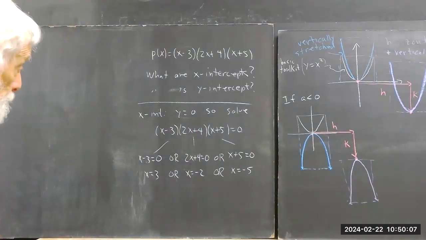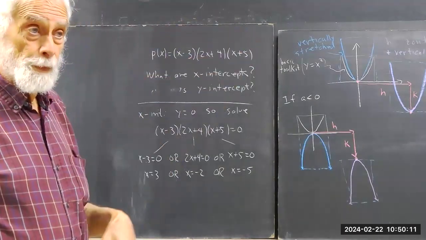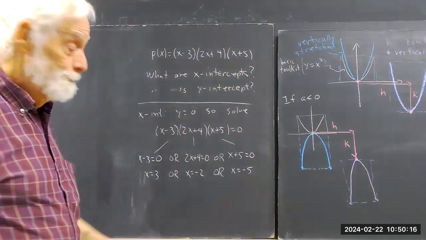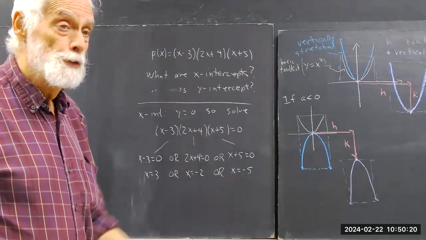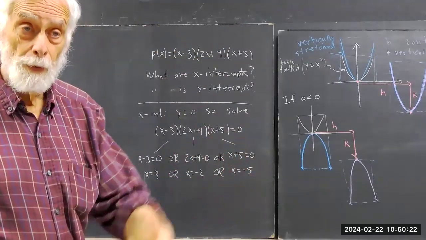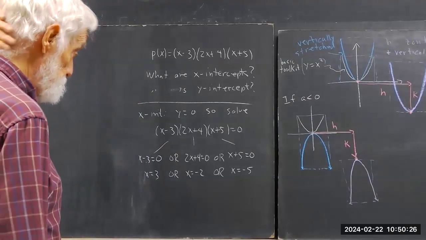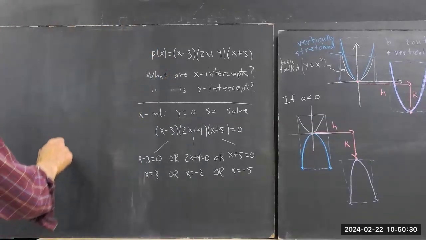Now, the nice thing about this is that every one of these factors is either going to be linear like this, which is really easy to solve, or it could be quadratic, which is also really easy to solve if you remember the quadratic formula. Okay. So now we have a partial picture of this function.